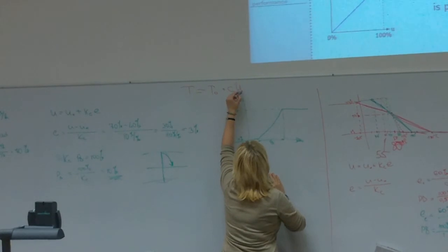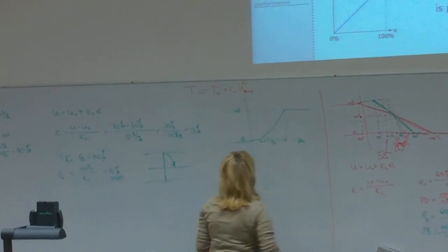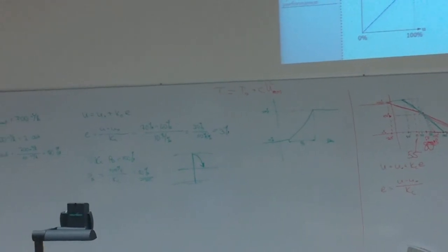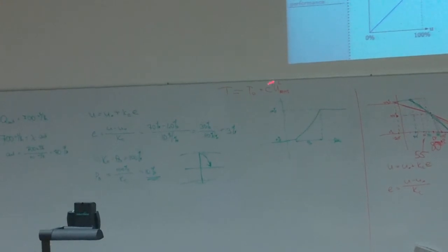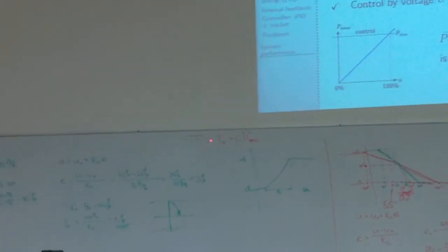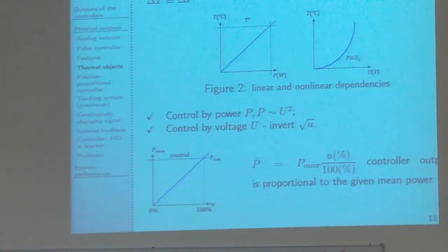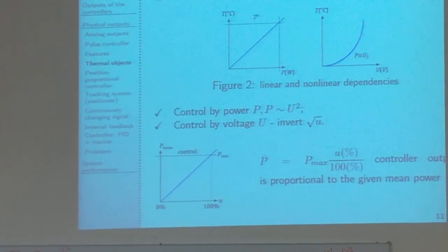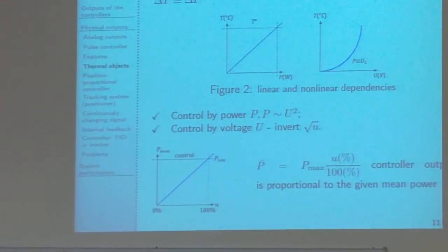So it depends on the material which is used, and this is the RMS value. You can see that temperature does not depend linearly on our voltage. So it's not good to control such a dependency, because we have non-linearities, and that means we face difficulties. It is much easier to control when we have linear dependency.